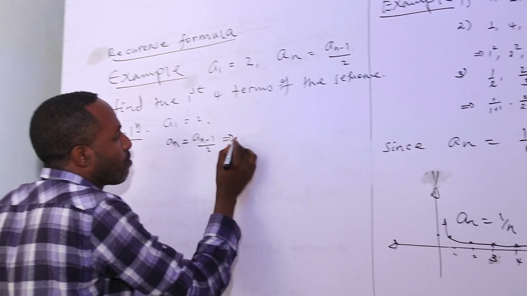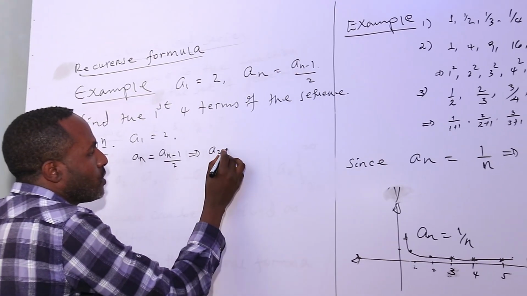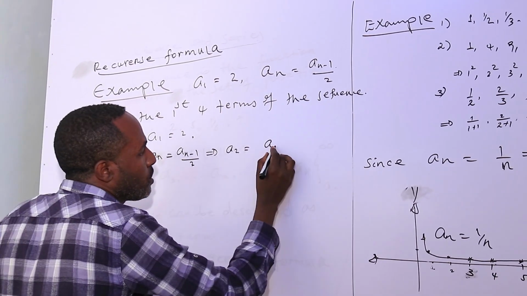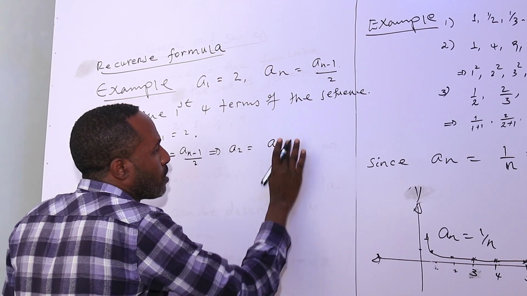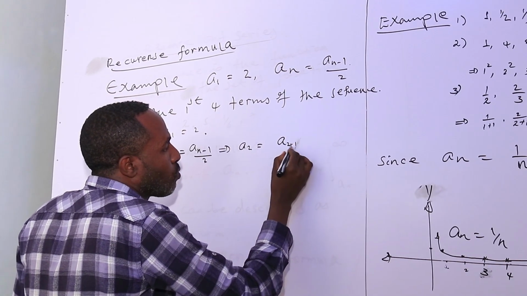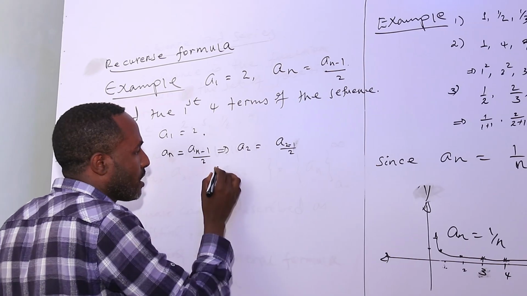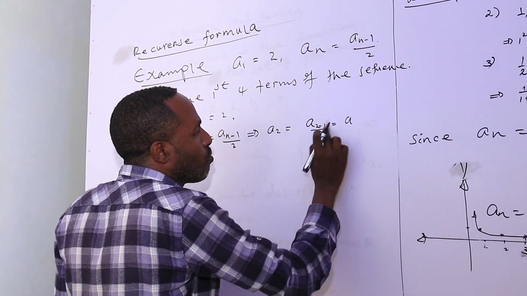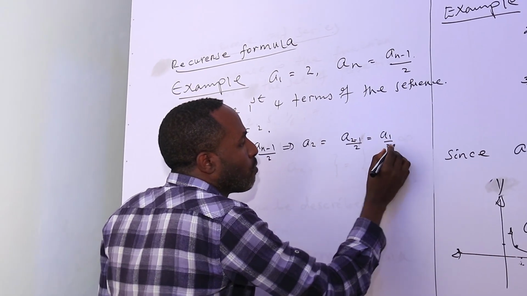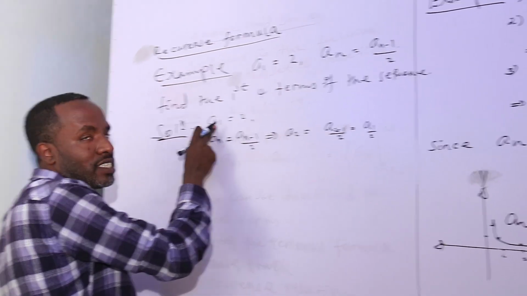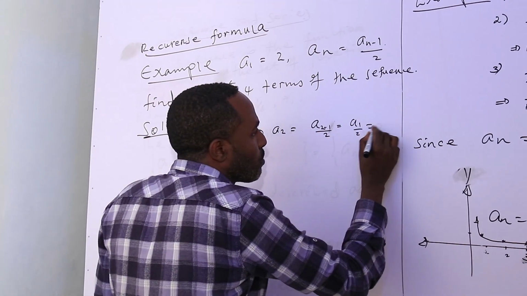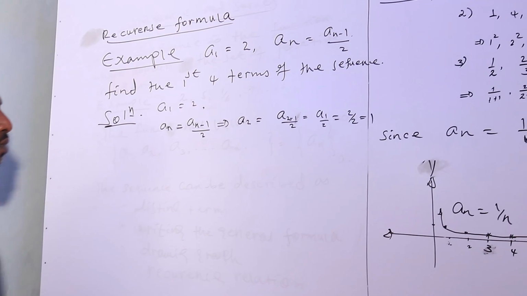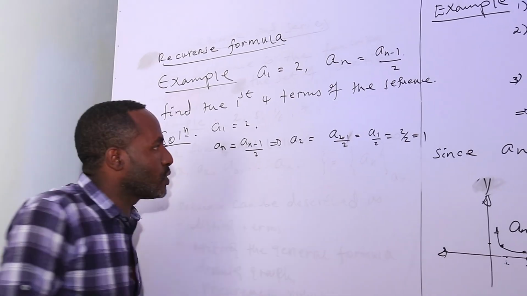From this information, A2 is equal to, if n is 2, A2 equals A_(2-1) over 2. Meaning A2, 2 minus 1 is 1, so A1 over 2. When A1 is given here, which is 2, it equals 2 over 2, which results in 1, which means the second term is 1.